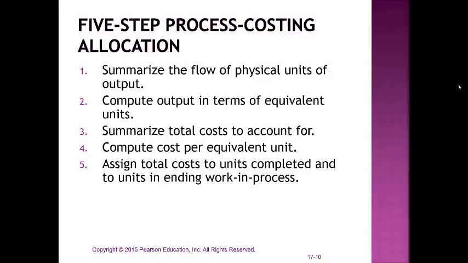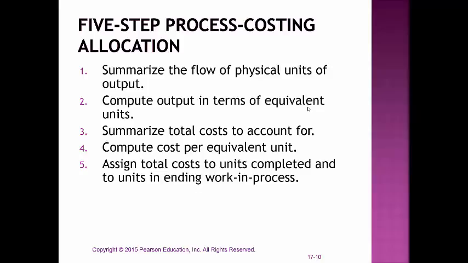Step 2, we have to do some calculations, and I'm going to show you here in a moment why this is such a big deal. But in this second step, we need to calculate something referred to as equivalent units.